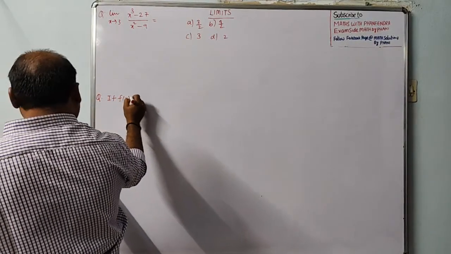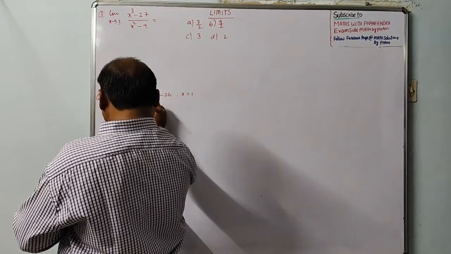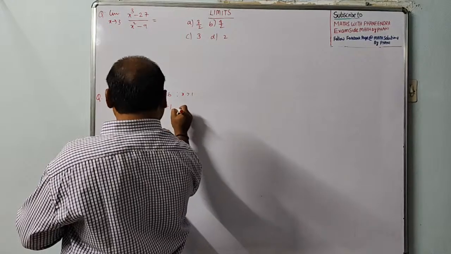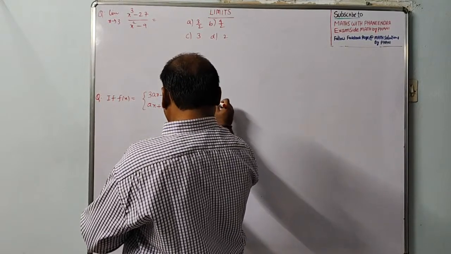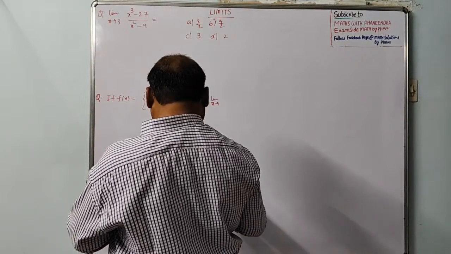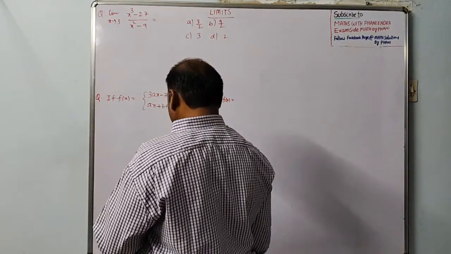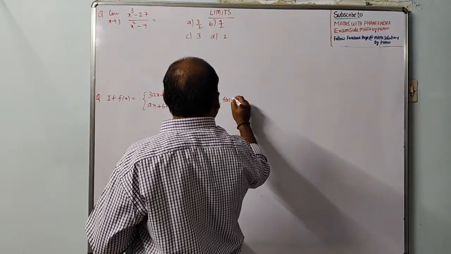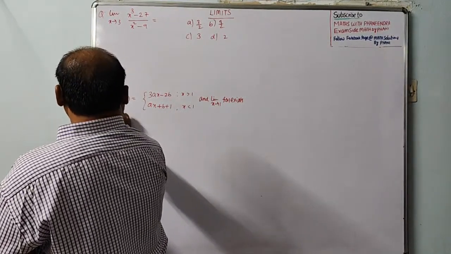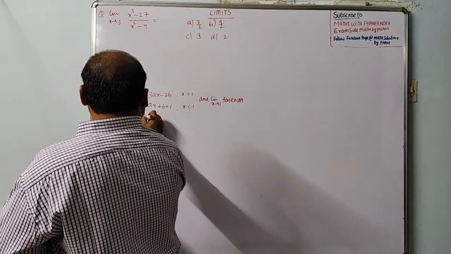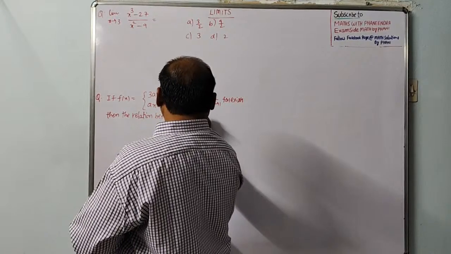If f of x is equal to 3ax minus 2b when x is greater than 1, ax plus b plus 1 when x is less than 1, and limit x tends to 1 f of x exists, then the relation between a and b is.